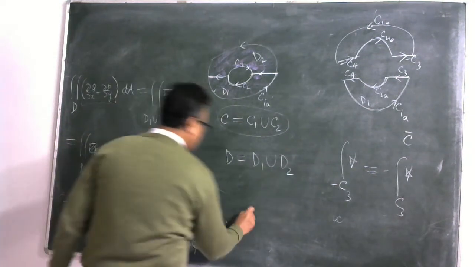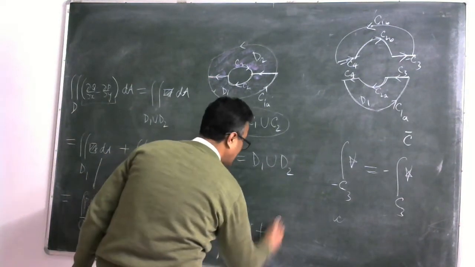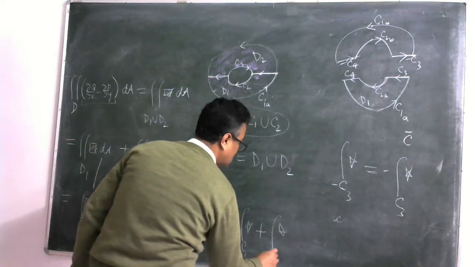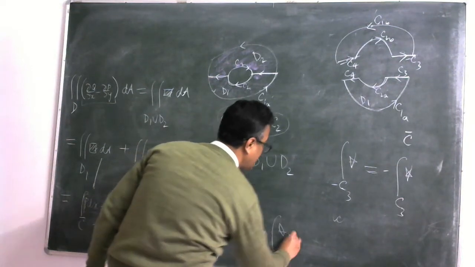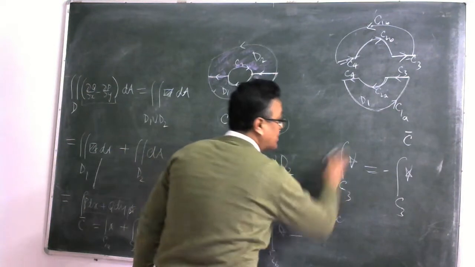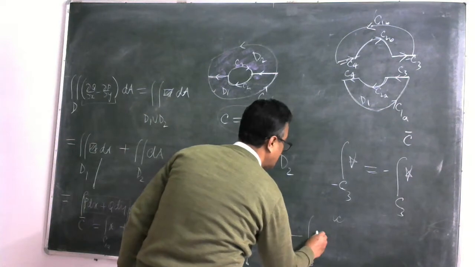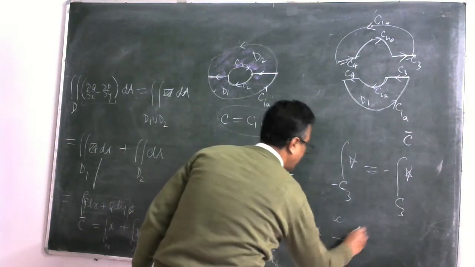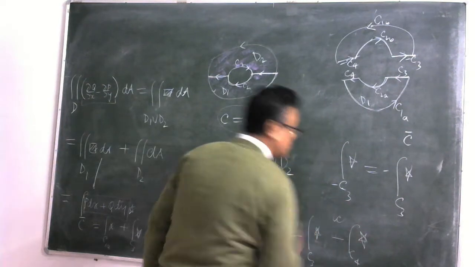So then what I am going to get from here is C1A, then C1B, then C2B, and then eventually making use of these facts, I am going to get this C3 minus this C4.